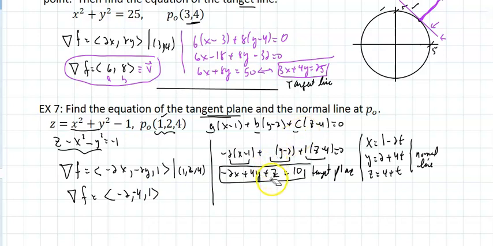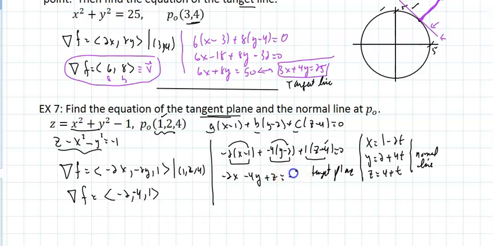That will make this a -4. And that will be -2x minus 4y plus z equaling. That's a +2. 2 plus 8 is 10. 10 minus 4 is 6.